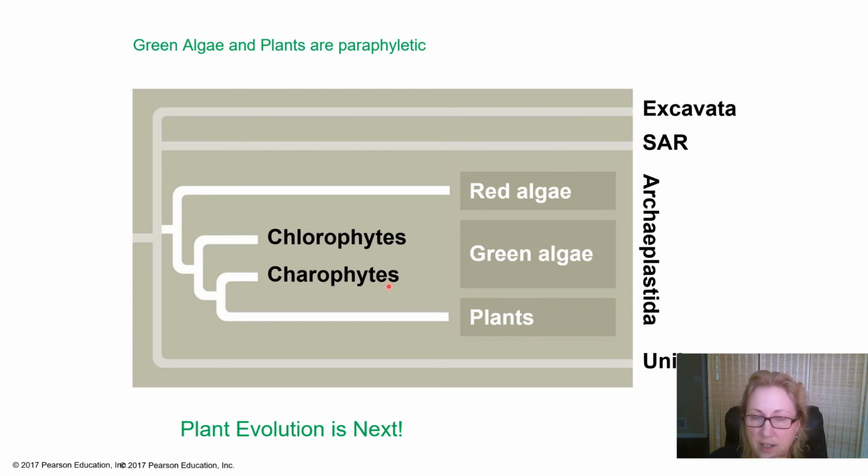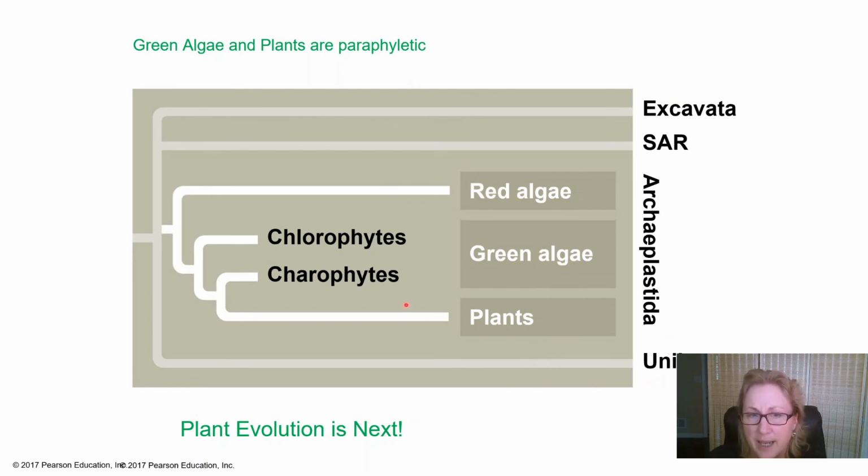The charophytes are considered the closest cousin to land plants. But really, the plant kingdom is embedded within the protist kingdom because of this, and that's never optimal. But again, this is not going to change.